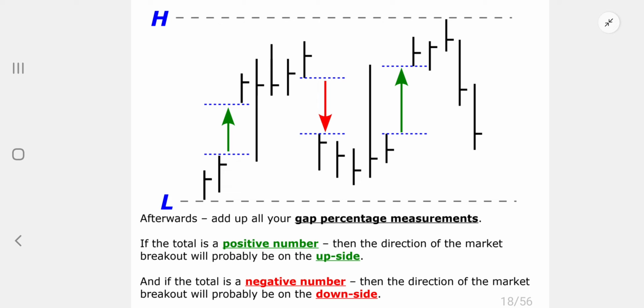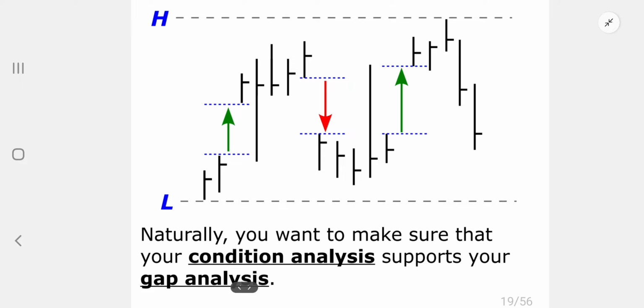If the total is a positive number, then the direction of the market breakout will probably be on the upside. And if the total is a negative number, then the direction of the market breakout will probably be on the downside. Naturally, you want to make sure that your condition analysis supports your gap analysis.